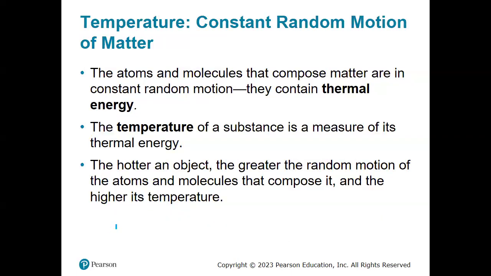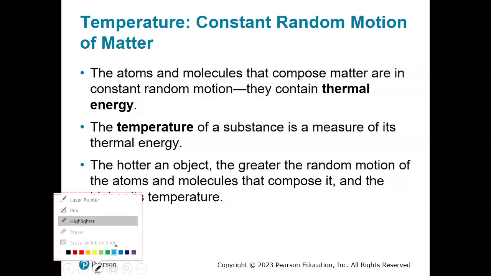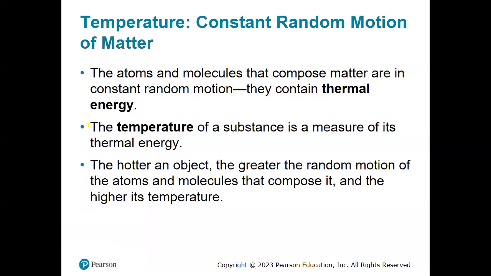All right, so the last thing that we want to talk about out of this particular chapter is the idea of temperature. Now, temperature by definition is just a measurement of the amount of thermal energy that is present in a substance. That is the textbook definition of temperature.